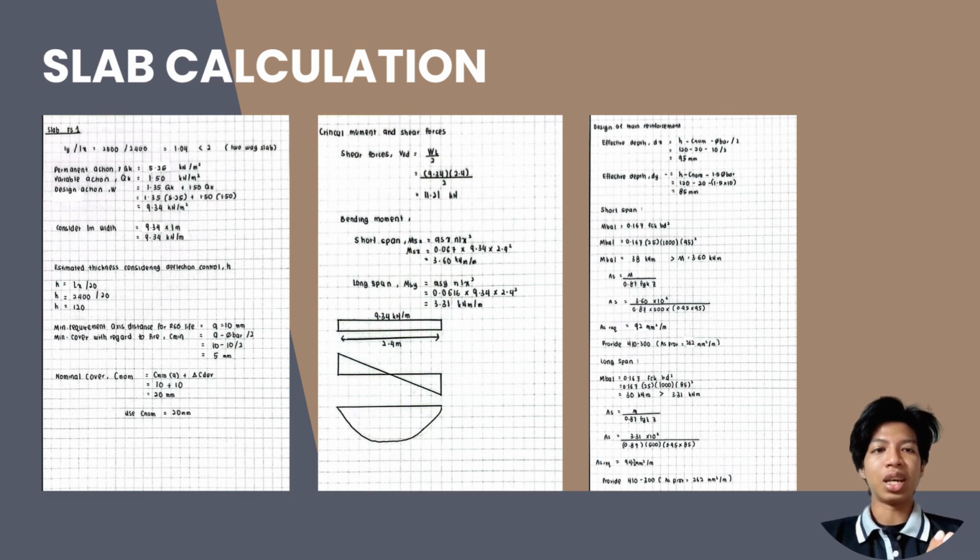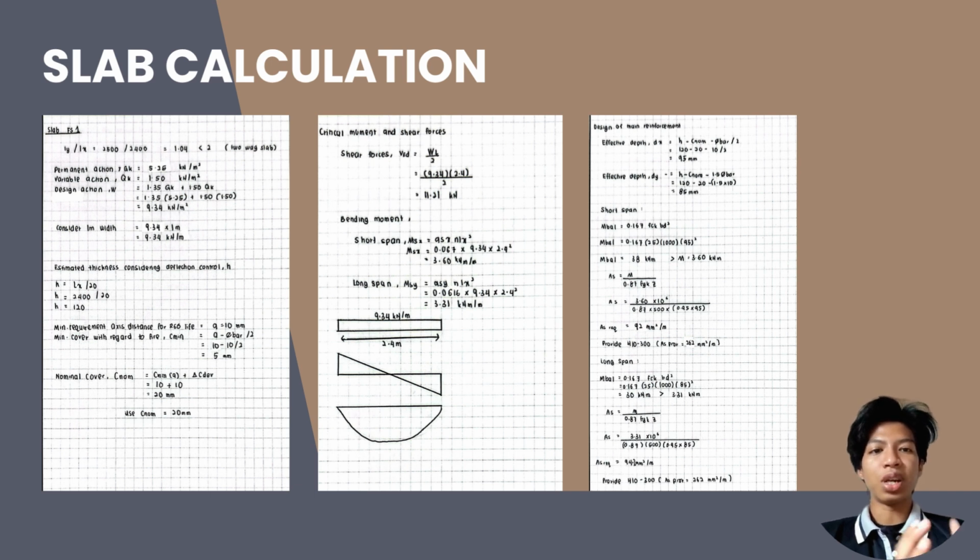It is larger than the M, which is 3.6 kilonewton meter. So we use 3.6 kNm in our AS. So the AS required is 92 mm squared per m. Our provided profile is H10 per 300, AS provided is 262 mm squared per meter.